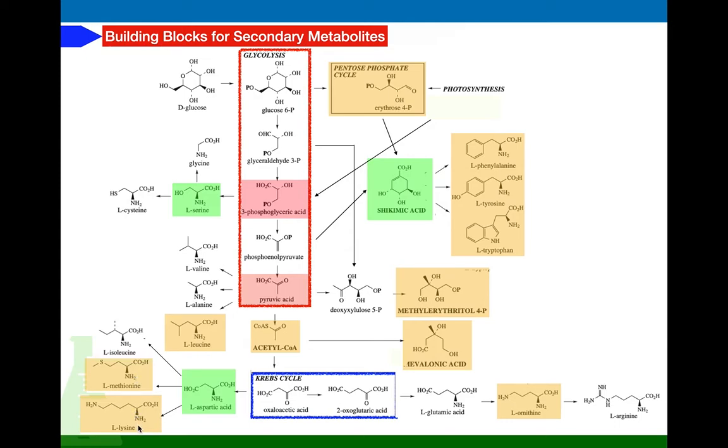Both L-methionine and L-lysine give rise to a large number of secondary metabolites, so they act as precursors for secondary metabolites. In this slide, the molecules highlighted with yellow color are actually the precursors towards secondary metabolites. Although these are primary metabolites, they form secondary metabolites.